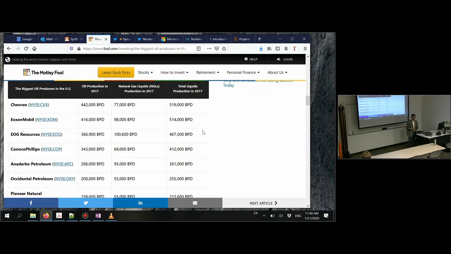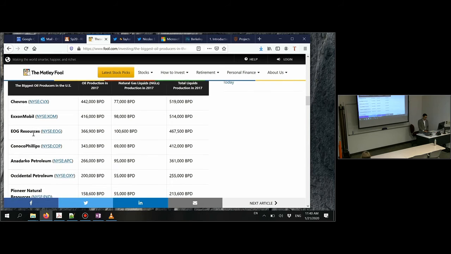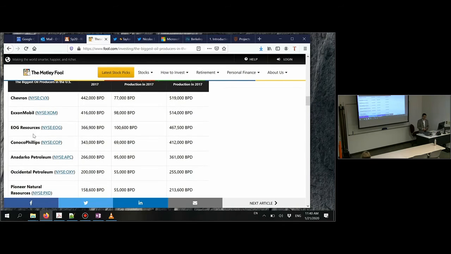The CEO is Gary Thomas, and that's the name that our new building is going to have: Gary Thomas Energy Resources or Energy Engineering or something like that. But he studied here like you at UT Austin. Now he has a company that is the third producer in the US.